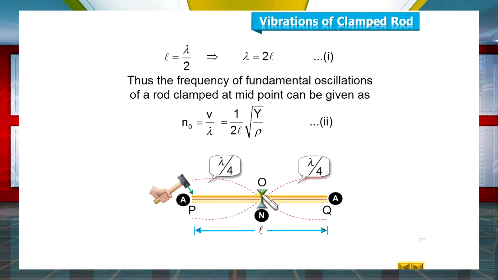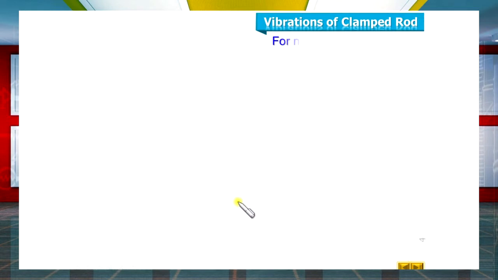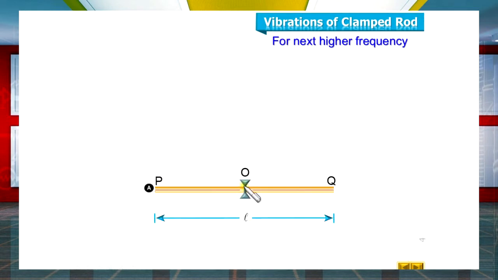That means there should be one more node between points O and P. So let us assign an arbitrary position of a node on this rod here and here. So let us make the wave. You know, one loop length is the length between two successive nodes.